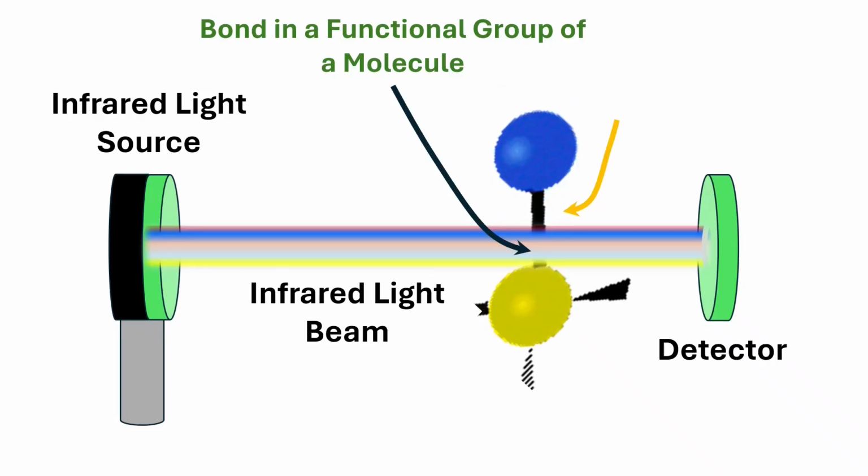We want to know when the bond can absorb energy. We know this bond can absorb light energy only when the frequency of the infrared light matches the natural vibration frequency of this chemical bond. FTIR measures the absorption energy at this frequency. I am going to explain more about this clearly later.